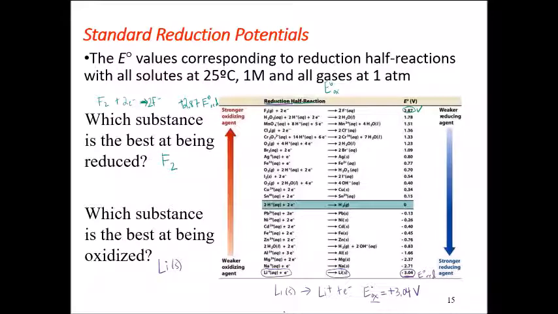Now I'm sure you have heard of lithium batteries, and lithium is a main component of lots of batteries because it is really good at being oxidized. Fluorine is a little bit harder to use in batteries because it is going to be in the form of a gas, so it's probably not easily harnessed into a chamber setup like that.